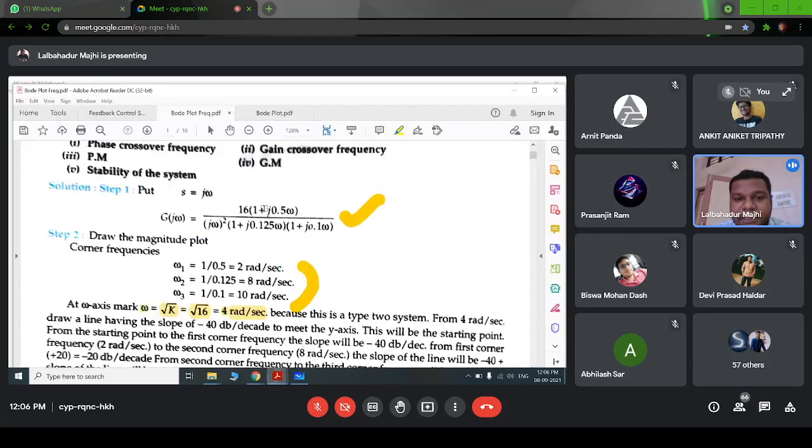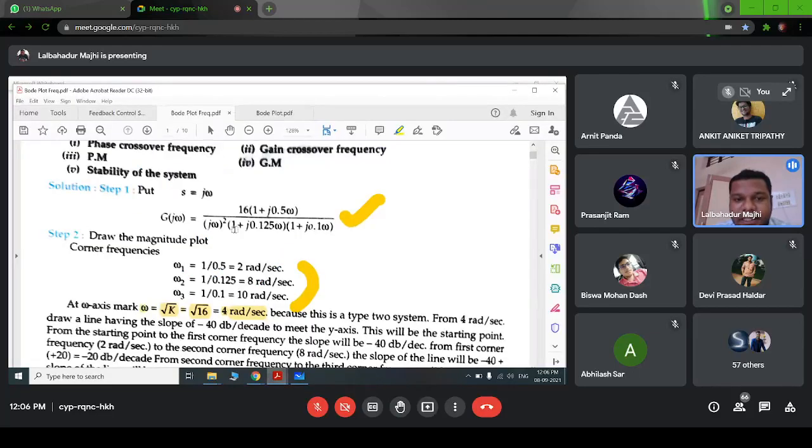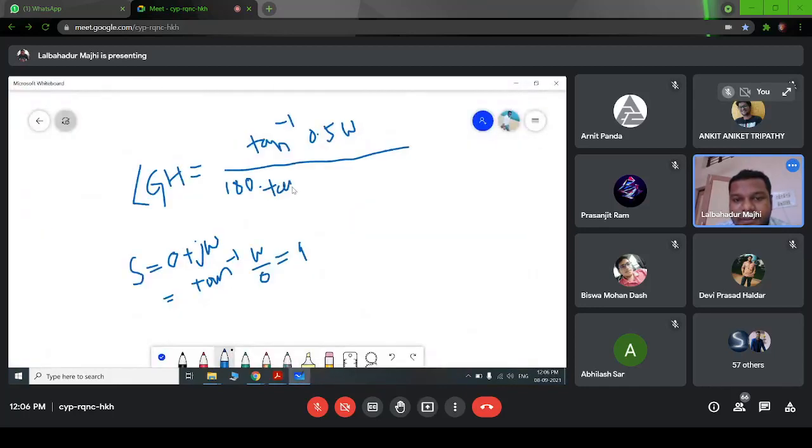Next is 1 + j0.125ω. The real part is 1 and the imaginary part is 0.125ω, so it will be tan inverse of 0.125ω divided by 1, and another pole tan inverse of 0.1ω. So the phase is tan inverse of 0.5ω minus 180 minus tan inverse of 0.125ω minus tan inverse of 0.1ω.